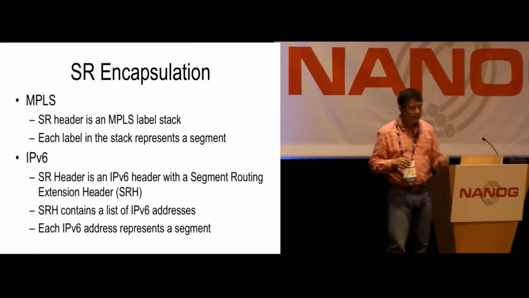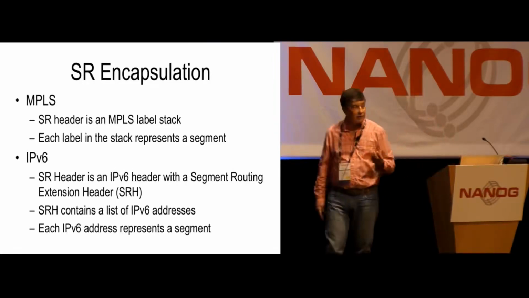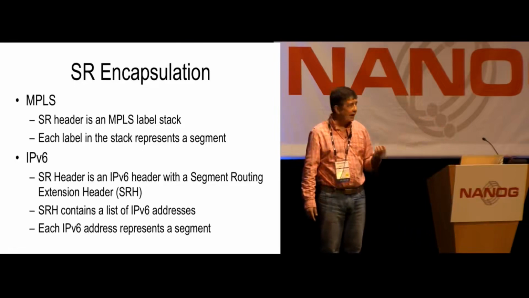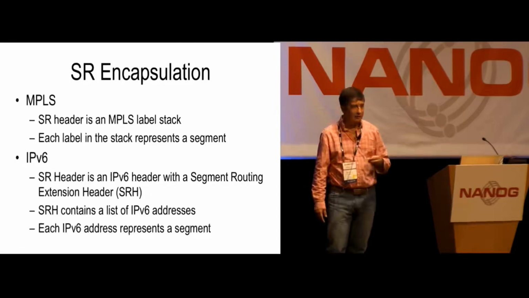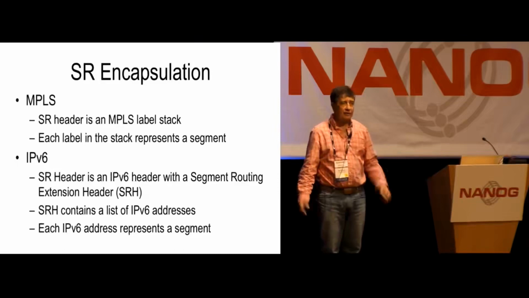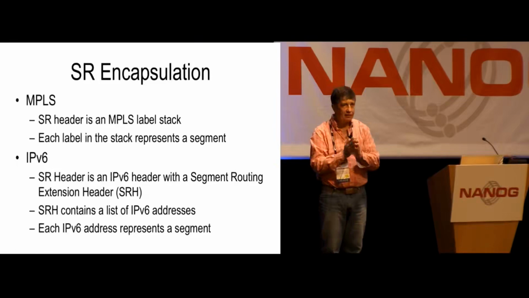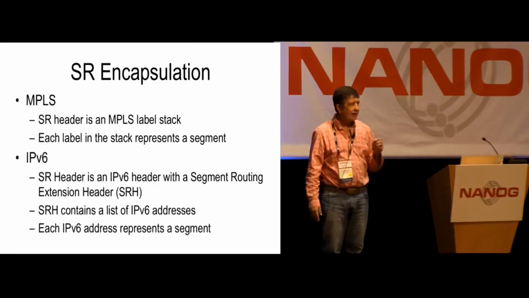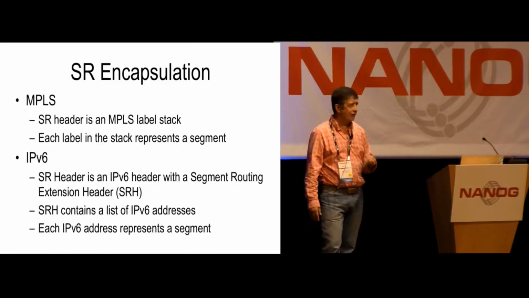Now, in IPv6, it's slightly different. Again, we need an encapsulation mechanism, and the encapsulation has to enumerate all of the segment identifiers. So what we do in IPv6 is we wrap the packet in another IPv6 header, and the IPv6 header has an IPv6 routing extension header in it, a special one called the segment routing extension header.